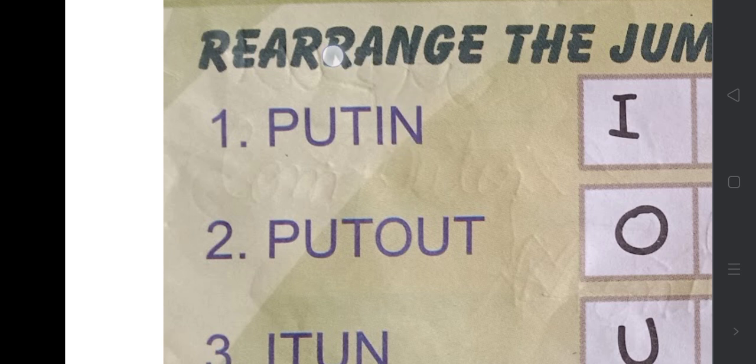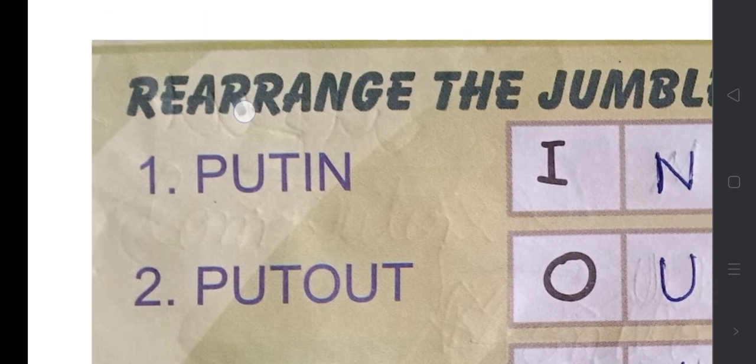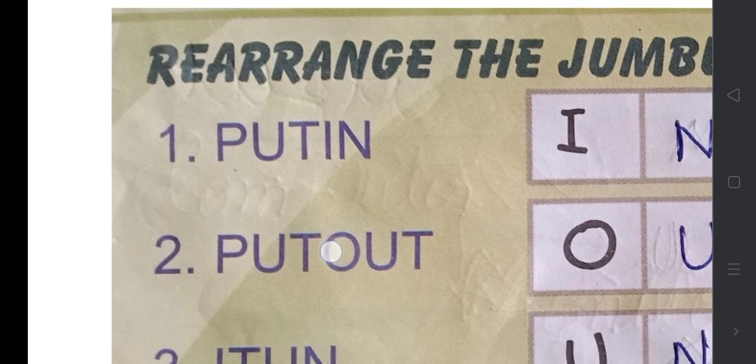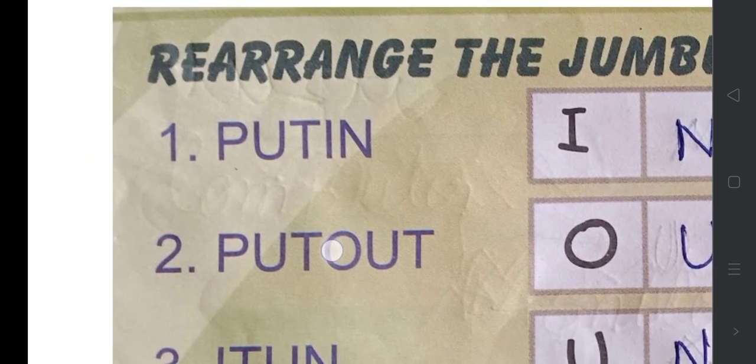This in should come in front, then this will become input. You just split the word into two halves, bring the last half to the front part, then this will become a meaningful computer word.